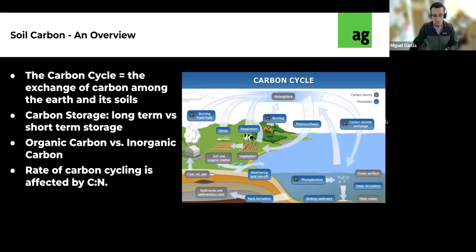Now, not all of the carbon that is part of the microorganism's body or the plant material or the plant exudates is processed. So some of it gets transformed, and it becomes part of complex organic structures in the soil. And these structures are very complex.